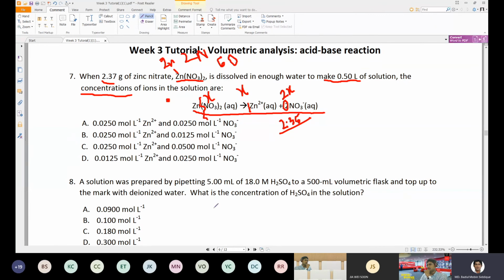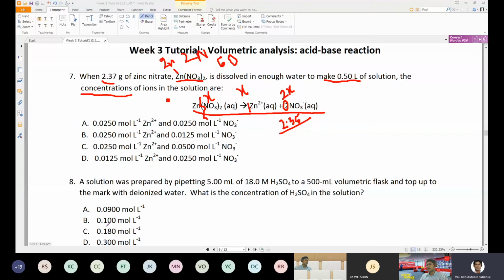Let me check again. Okay, so it will be 65. Anybody knows how many? Then I don't need to do it. Zinc is 65.39. Then I have to add up oxygen and nitrogen.